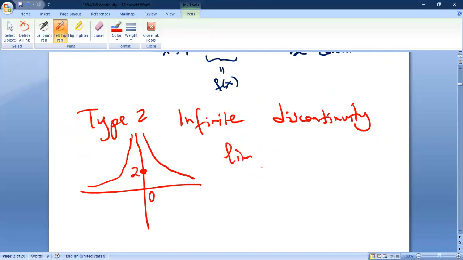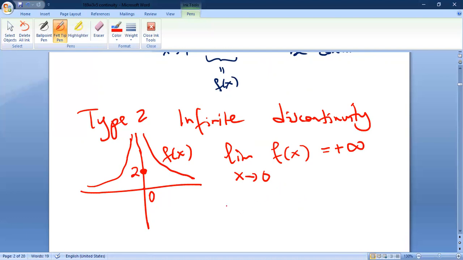So if we have the limit as x goes to some number, let's say in our case 0, is equal to plus infinity. In our case, it's plus infinity, but it can also be minus infinity.